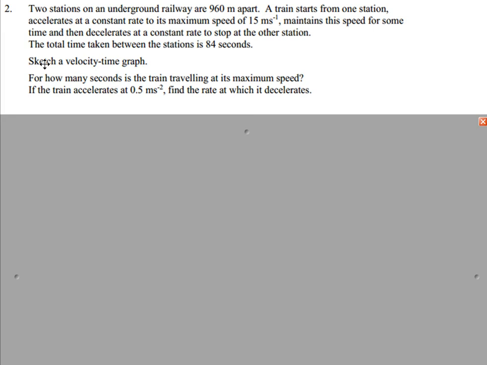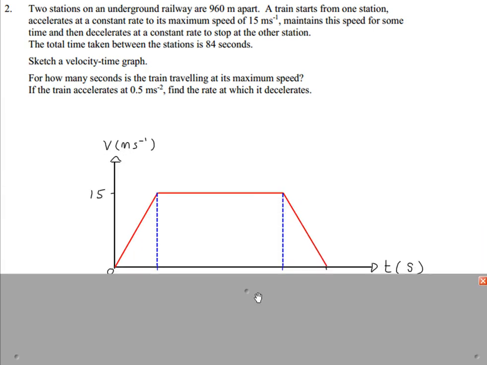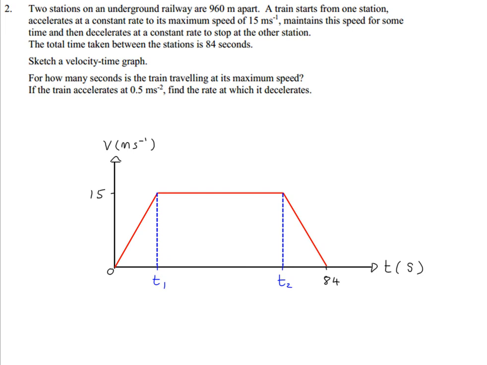Okay, so the velocity time graph that you have to sketch will look like this. Initially the train is at rest here, and then we have constant acceleration, which is represented by the gradient of this line, constant gradient, and then in this region the train is travelling at its maximum speed.